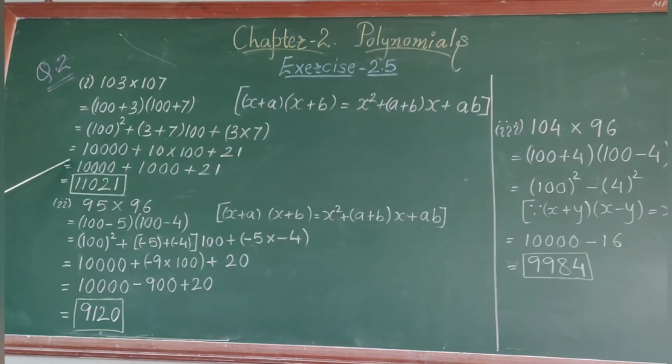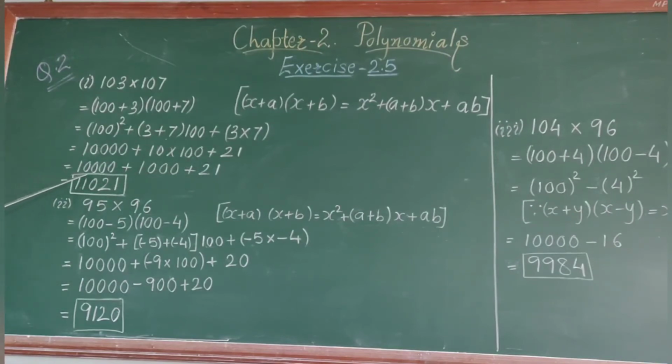That is equal to square of 100 is 10,000. Square we have learned how to make the squares of given numbers ending with zeros. 2 0s becomes 4 in square, so we write 10,000 plus 3 plus 7, that is 10 into 100 plus 3 into 7 is 21, so plus 21.